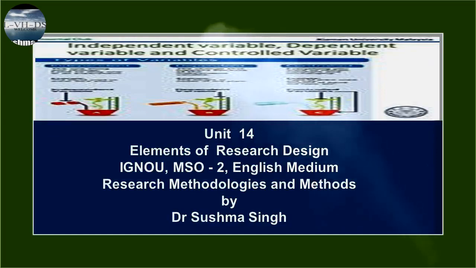Let us move to the next point, universe and unit of study. Before starting with data collection, you have to identify the universe and the unit of study. The identification of universe implies demarcation of the physical area and social unit of study.